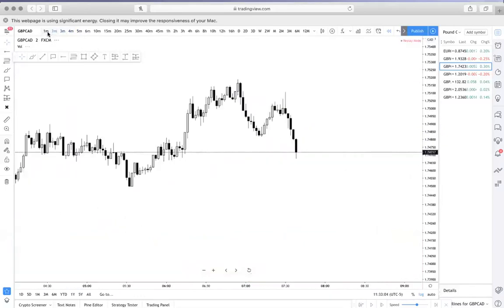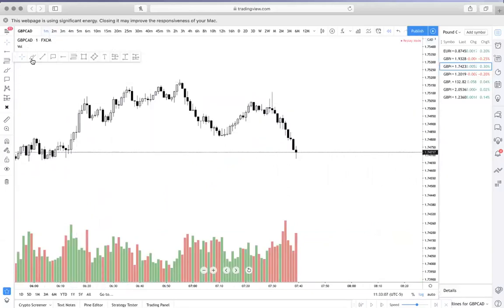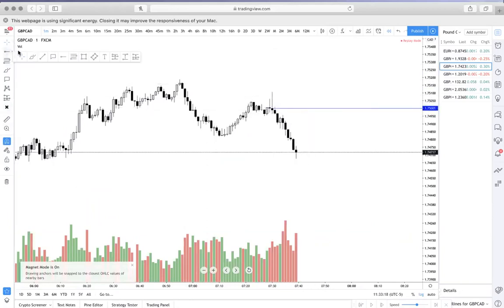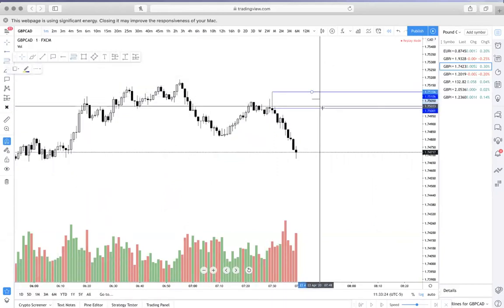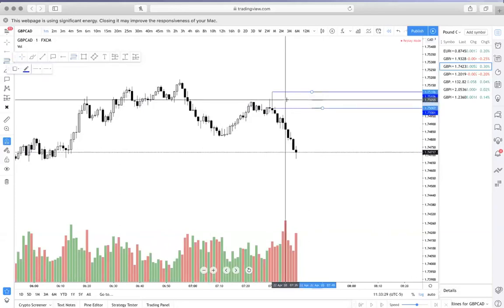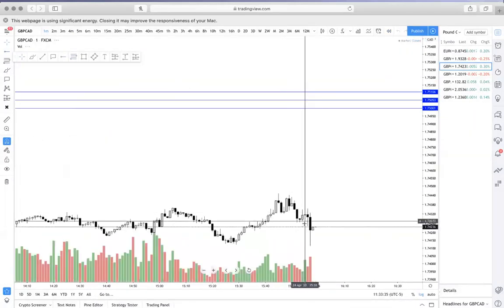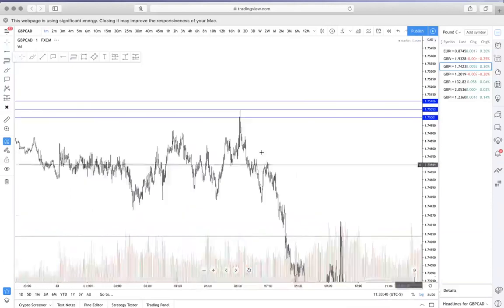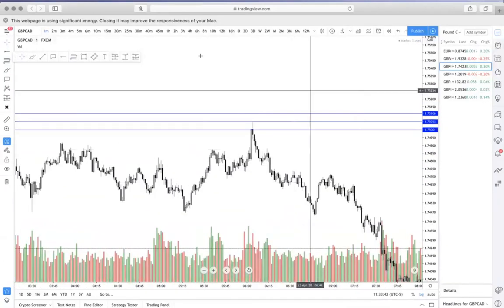In theory, I'm going to look into the open, and then measure 50% of that. Yeah, cool. So see that? Pretty much to the T there.